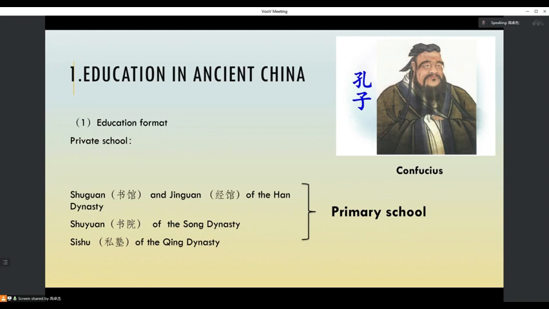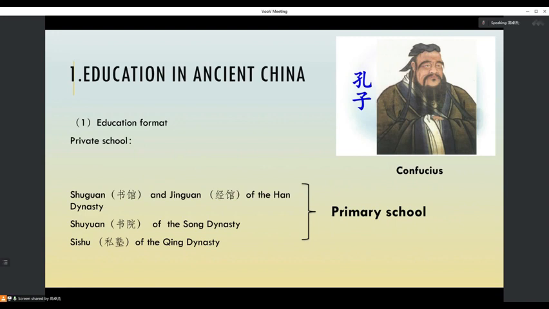Confucius lived about 300 to 500 BC, around then. And he was from Lu.